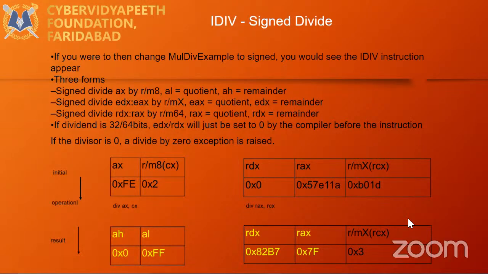If the dividend is 32 or 64-bit, EDX and RDX will be set to 0 before the instruction executes. If the divisor is 0, a divide by 0 exception, trap, or interrupt is raised. Again, you can pause the screen and have a look at the diagrams for more information.